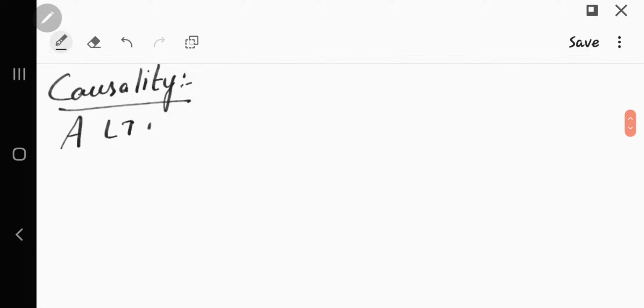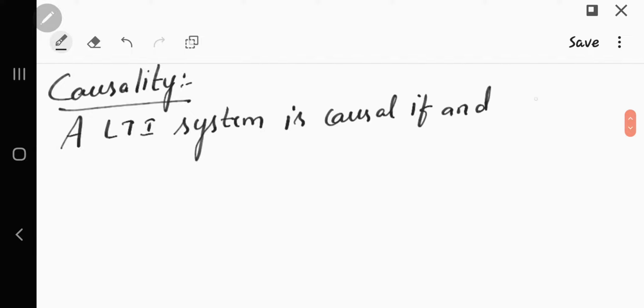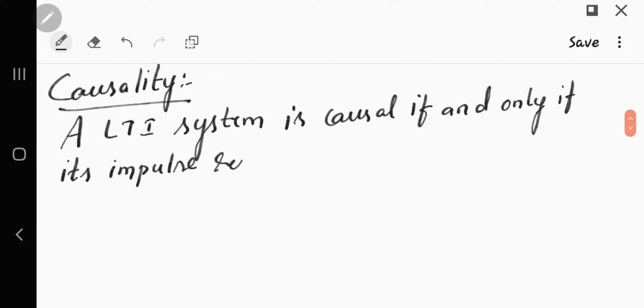An LTI system is causal if and only if its impulse response satisfies the condition.